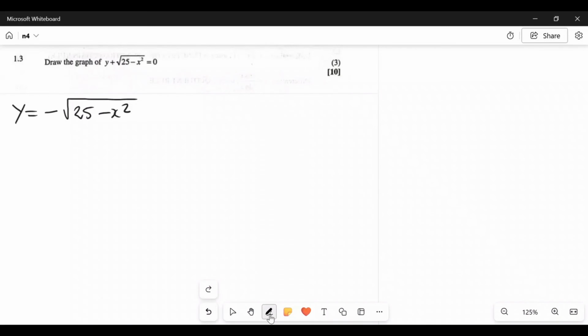So in order for us to draw the semicircle, we need to know the radius. Remember, this equation is coming from this. This is a general equation for the semicircle: y equals plus or minus the root of r squared minus x squared. So in order for us to draw this graph, we need to know what r actually is. From what we are given there, we know that r squared is equal to 25.